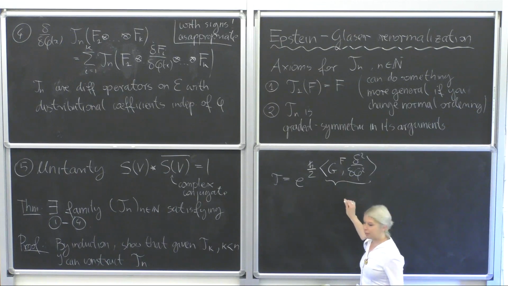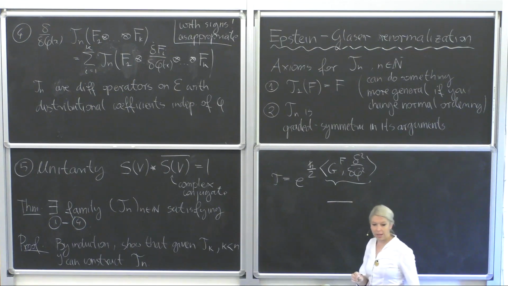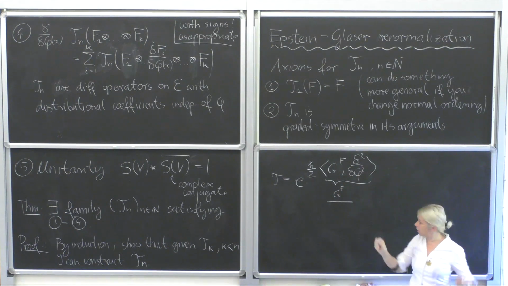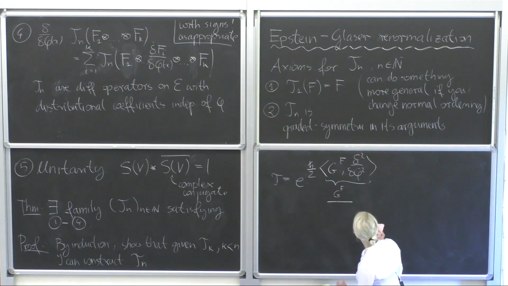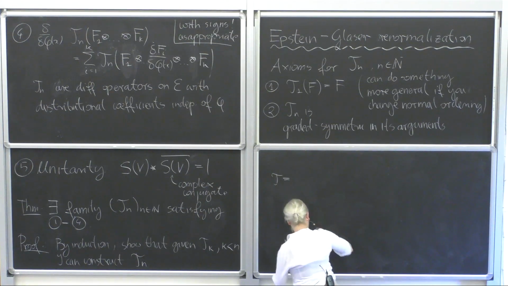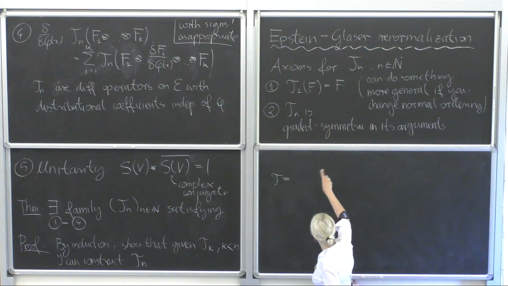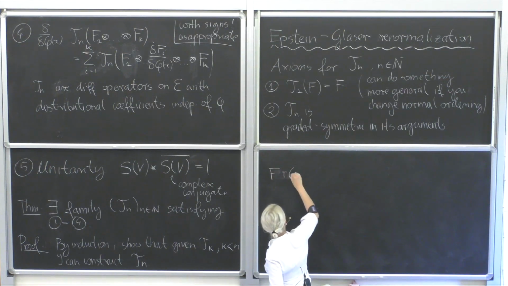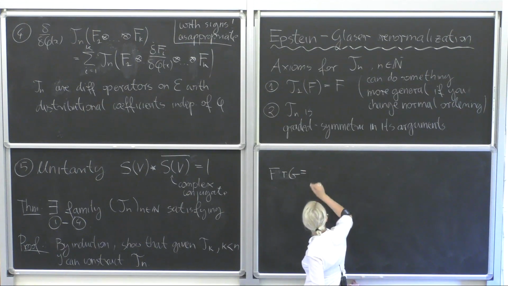I can represent the Feynman propagator as an edge, G_F. Actually, sorry, that's not the best way of doing it. Let me write this like that.